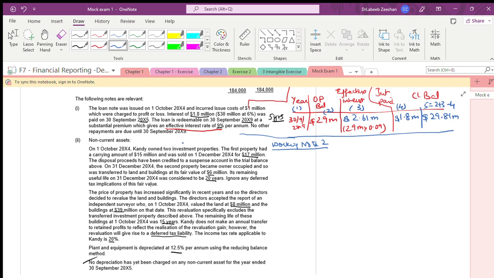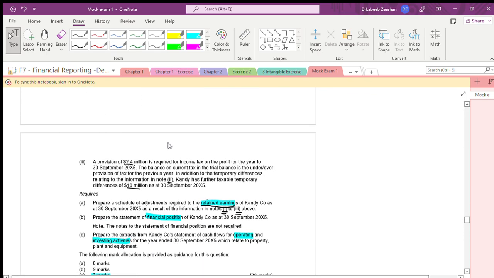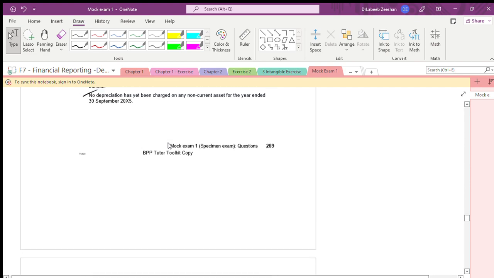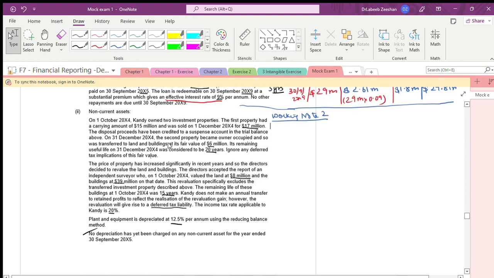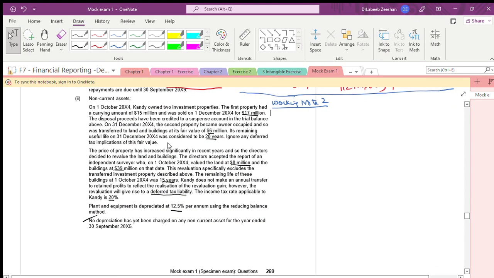Working note 2. What is the question? Non-current assets. The company owned 2 investment properties.